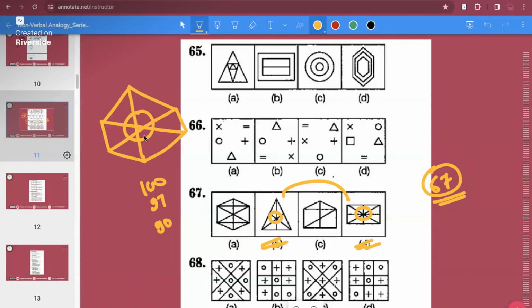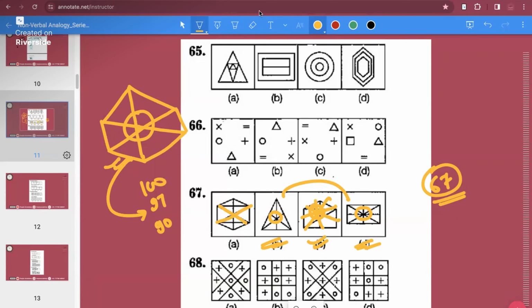But because this figure is not 100 but 97, at least one of those lines, each of these lines, if you look more closely, is dividing it into equal parts. But over here, since we don't have all of them meeting at one concentric place, that is, the center, this will be your answer, guys.